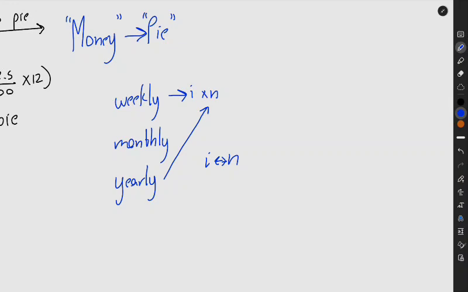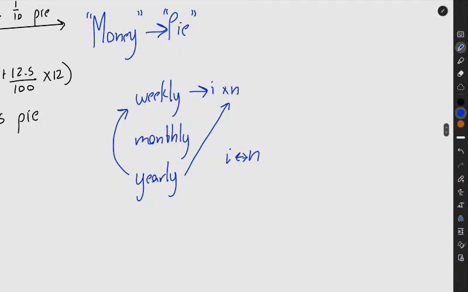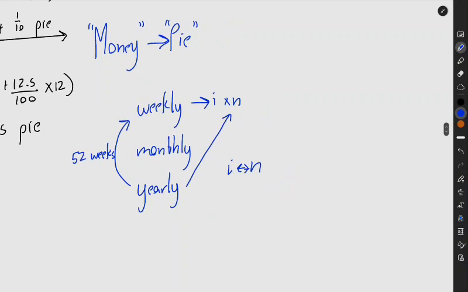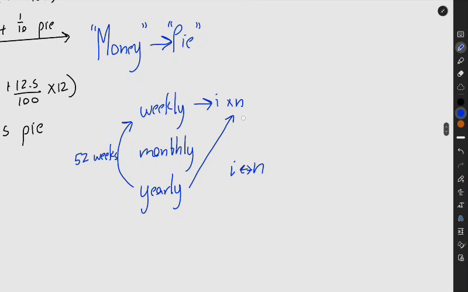You'd have to find a way to convert the years into weeks. And luckily for us, we know that a year is 52 weeks. So, if this interest was acting over a year, we'd replace the year with 52 weeks. It's as simple as that.